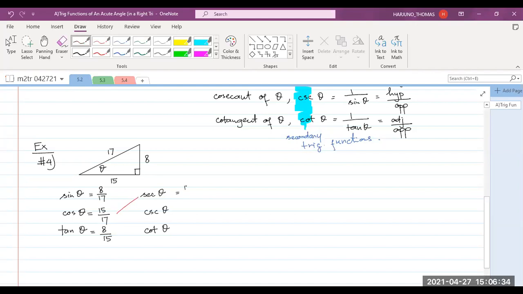That is 17 over 15. While cosecant is the reciprocal of sine. That is 17 over 8. Now, cotangent is the reciprocal of tangent. That's 15 over 8. Now, I hope you find that to be easy enough.